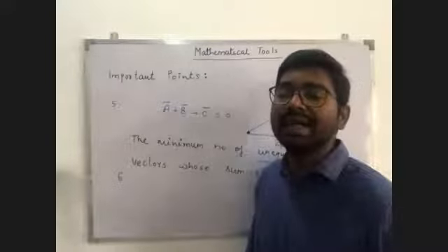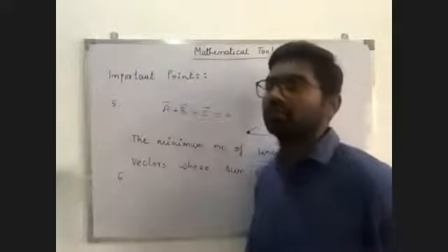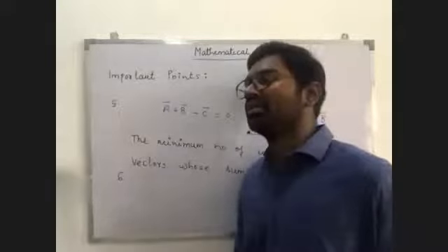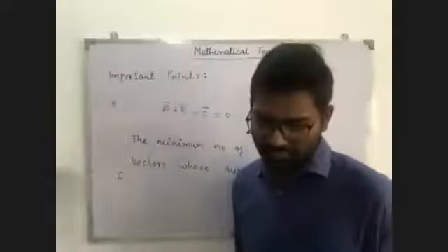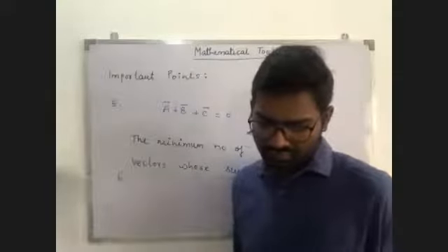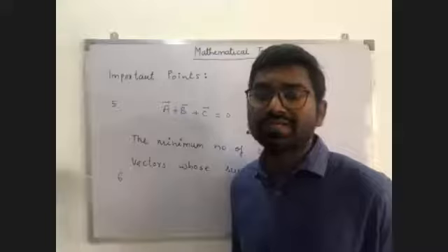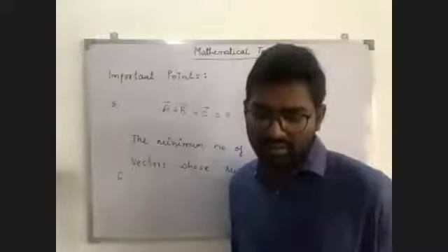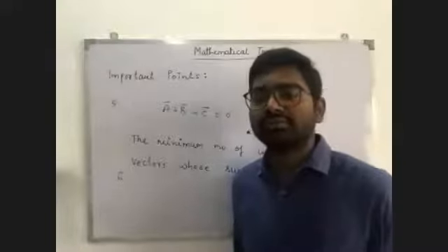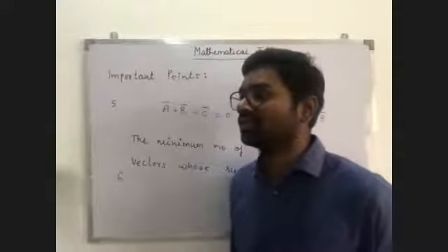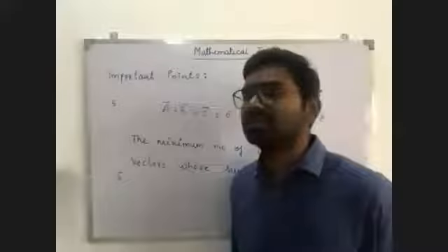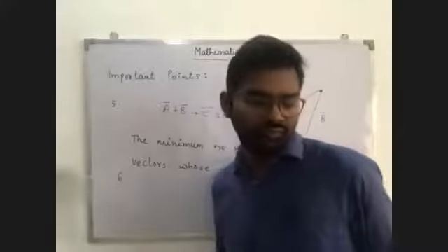The minimum number of non-coplanar vectors whose sum can be zero is 4. Everyone noted?